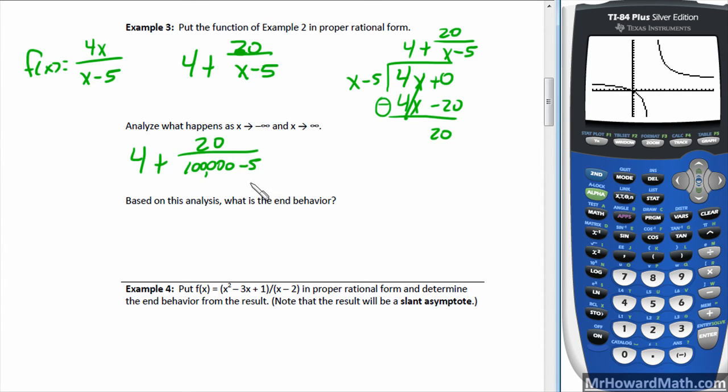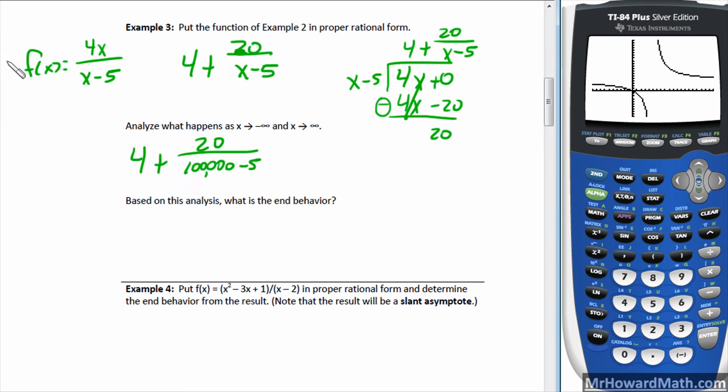So 20 divided by 100,000 minus 5, we're dividing by a really big number. So that's really, really small. So the bigger that x gets, the closer this thing gets to being meaningless, because we're dividing it by a huge number. So it basically goes away. So as x approaches infinity, we get closer and closer to 4.